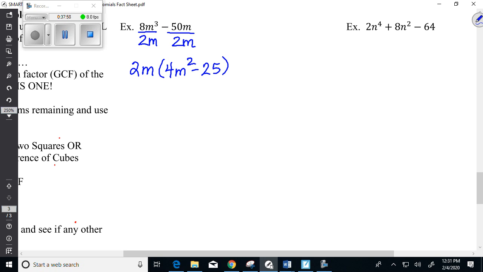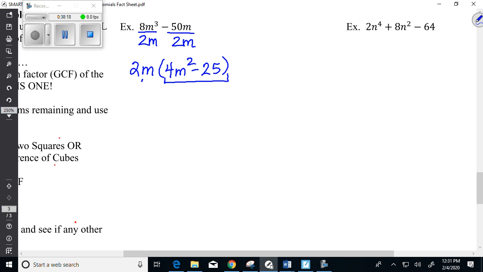So 2m is done. You can't do anything else with that. Now we're going inside of the parentheses. 4m squared minus 25. Notice that you have 2 terms. So we have to see what option works, although this one is pretty easy.